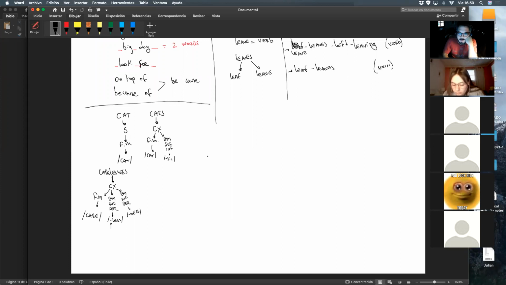En el ejemplo de ice cream, for example, ice cream es compound, ¿no? Porque está hecho del free morpheme ice y del free morpheme cream.